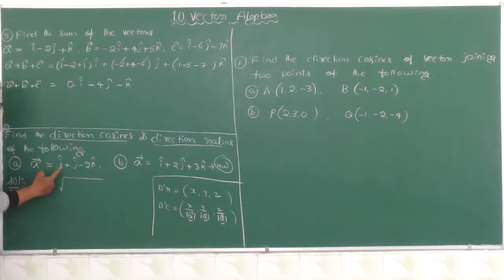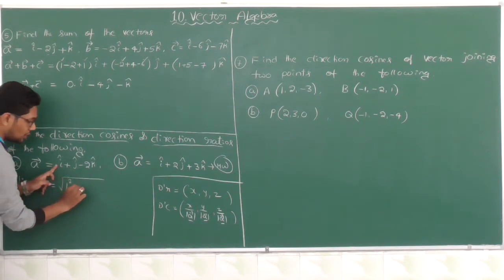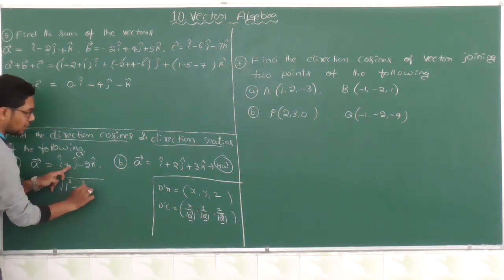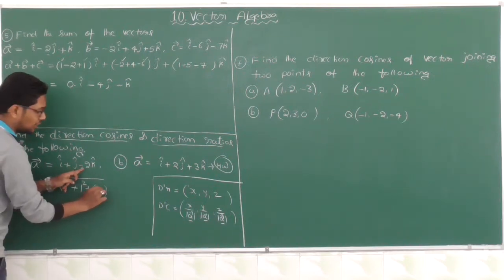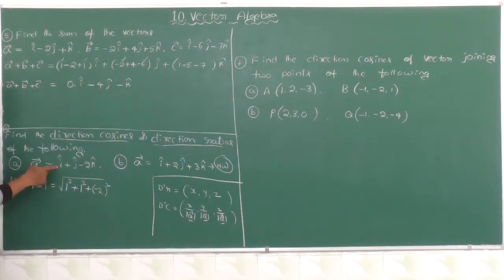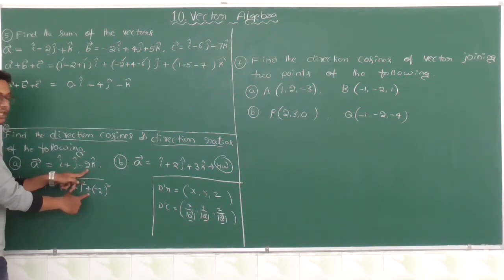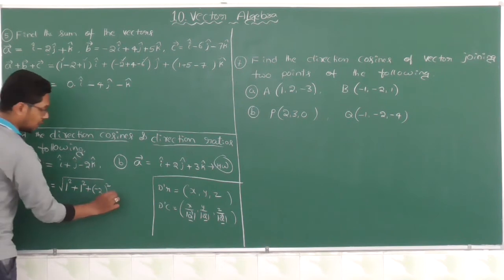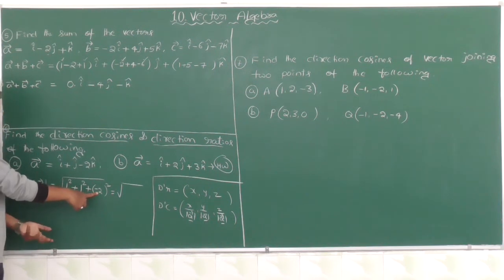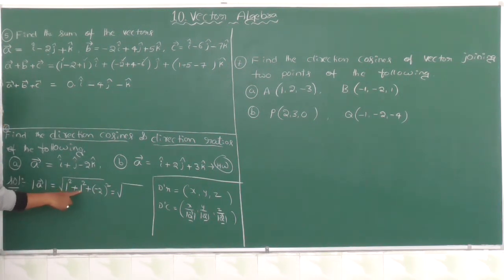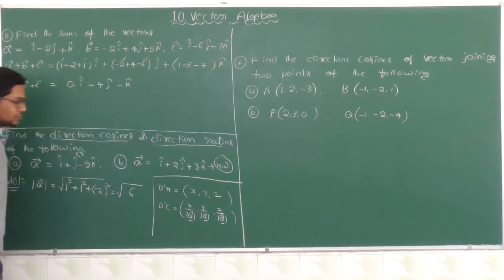Here the i component is 1, squared, plus the j component 1, squared, plus the k component -2, squared. That is 1 plus 1 plus 4, which is 6. So the magnitude is root 6.